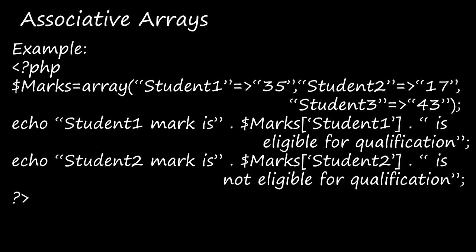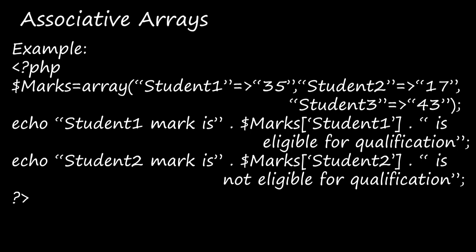In an associative array we'll have the key first. See the example for the associative array, a key value pair data structure. Here they have given $marks, that is the variable, equal to array of, and inside this bracket they have given the values.